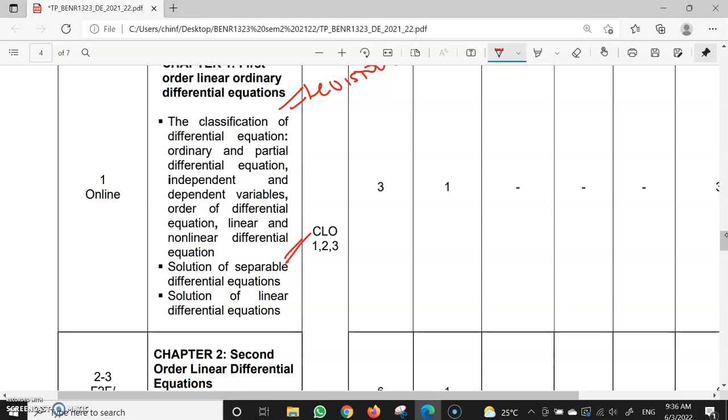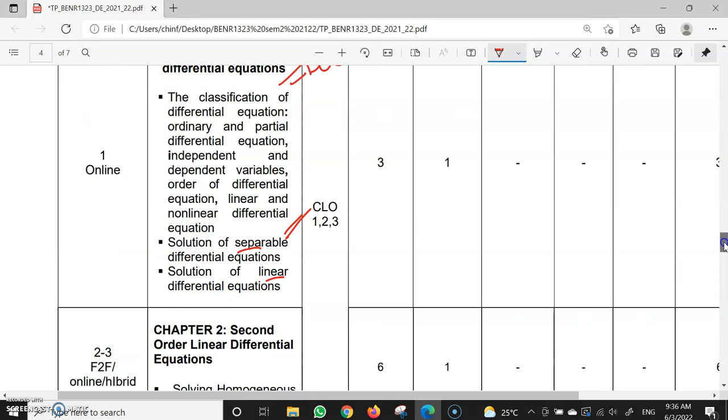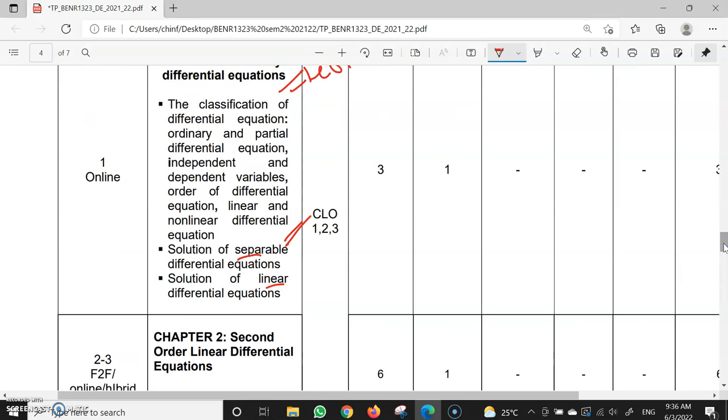There are a few methods, but I'm just going to cover solving separable differential equations and linear differential equations only. For your information, your syllabus is quite packed, so week 1 will not only cover this. I'm going to move some from week 2 to week 1, so that you won't have too much to study in week 2 and week 3.